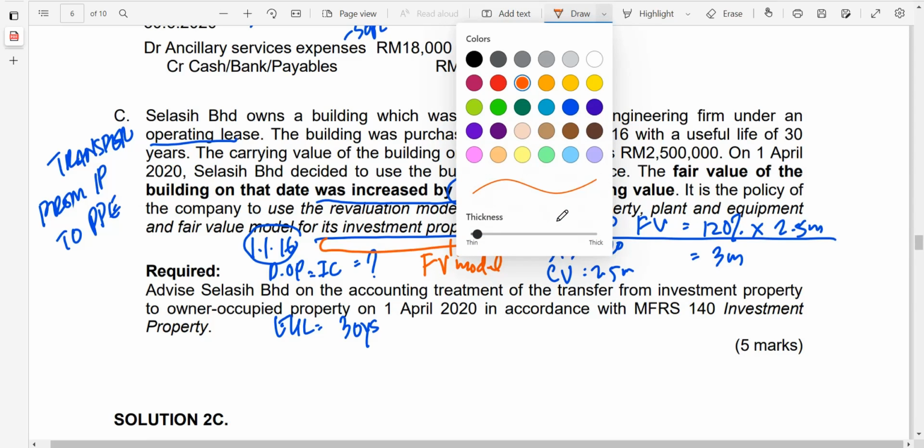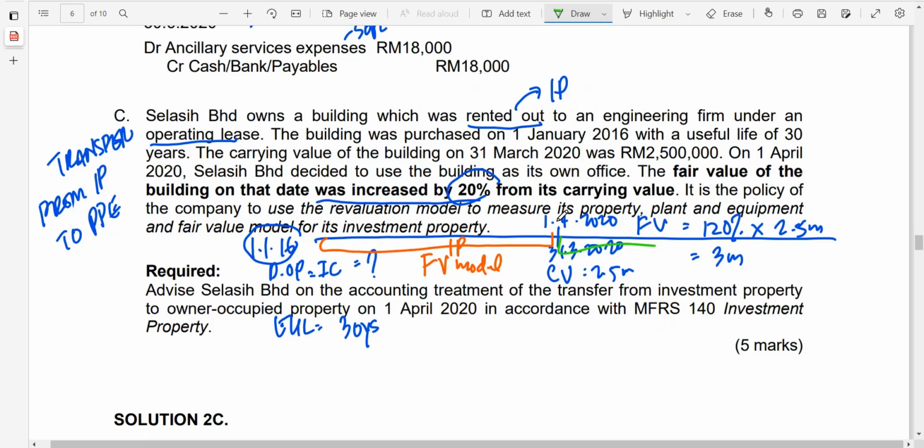However, starting from here onwards, it is going to use the revaluation model, because it is a PPE, meaning that you will have depreciation, and also you will take into account whether there is a revaluation surplus or deficit. We have to see that.